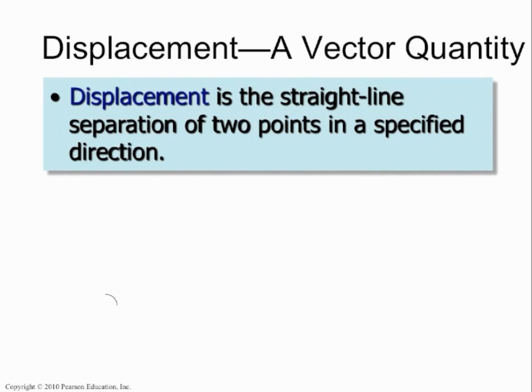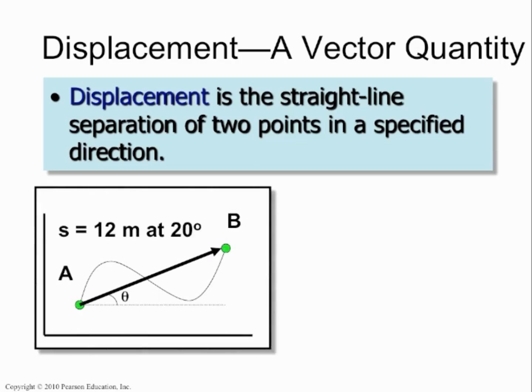Now, displacement is a vector quantity. Displacement is the straight line separation of 2 points in a specified direction. And so going back to the last screen's example, we still have points A and B, but now if we look at the straight line distance, well, we can see that B is 12 meters away from A at 20 degrees.